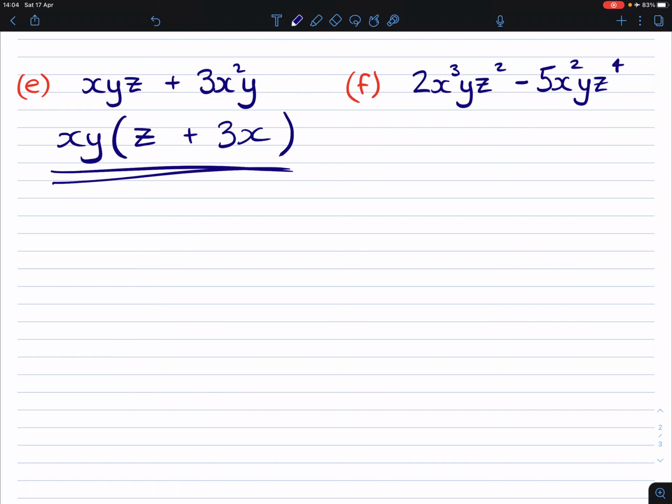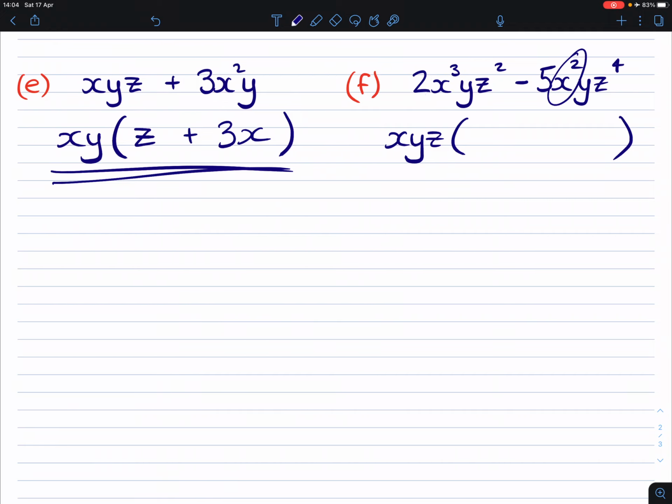And the last one, all three letters are represented in both of these terms. There is no number in common with 2 and 5, so we know we can get at least one x, y, and z out. As soon as you see the letter, you know you can take it out as a common factor. How many of each letter you can take out depends on how many of each letter are in each term. So in the first one, x cubed means there are 3 x's being timesed together in that term.